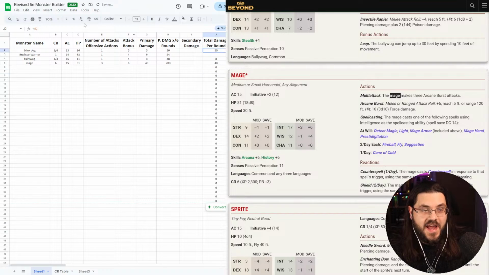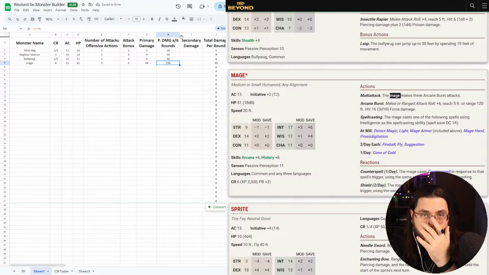This was a mistake. Right, equals, and we want the primary damage over 6 rounds divided by 6. Right? And then plus that. The goal here is to do that. 48 damage, yeah, that's fine. Cool.